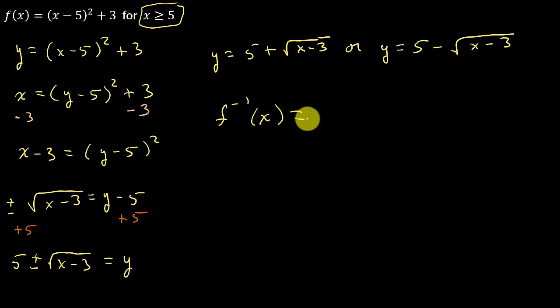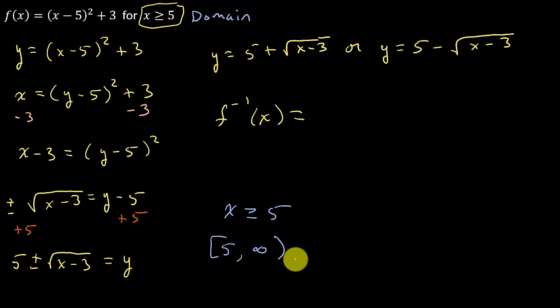If you look at this, we've got x greater than or equal to 5. Remember in the graph I showed earlier, we restricted the domain of this function. So this is the domain of our function, x greater than or equal to 5, which is the same as 5 to infinity in interval notation.